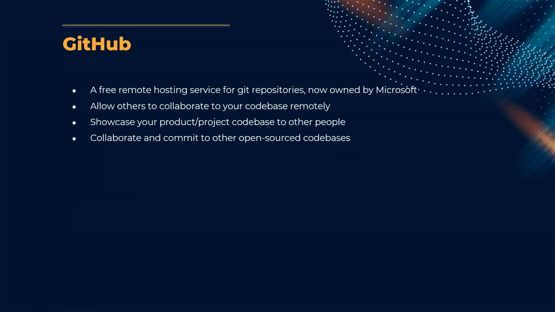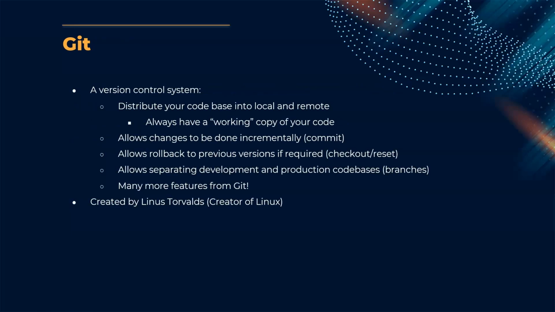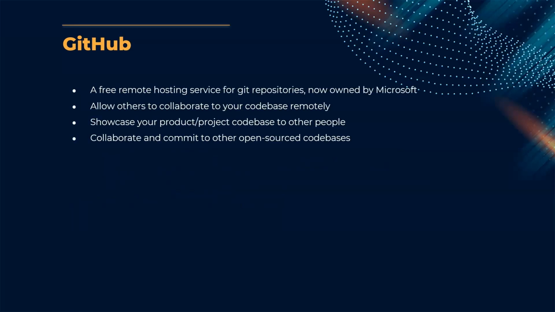So I mentioned that you would be able to save your code both locally and remotely with Git. And GitHub is the free hosting service that allows you to save your code base to a remote location, to their servers. So with the server access, you will be able to fetch code from other people or just store it as a backup.